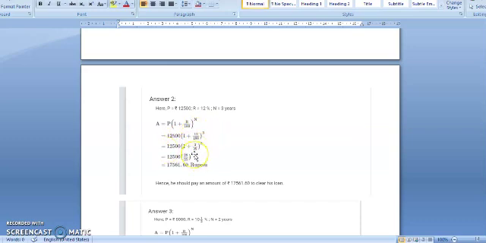So finally you will get here 12,500 multiplied by 28 upon 25 raised to power 3, that is 17,561.60 rupees. So he should pay an amount of 17,561.60 rupees to clear his loan.